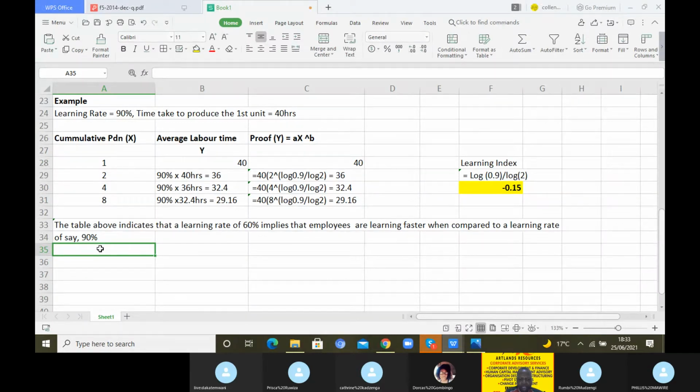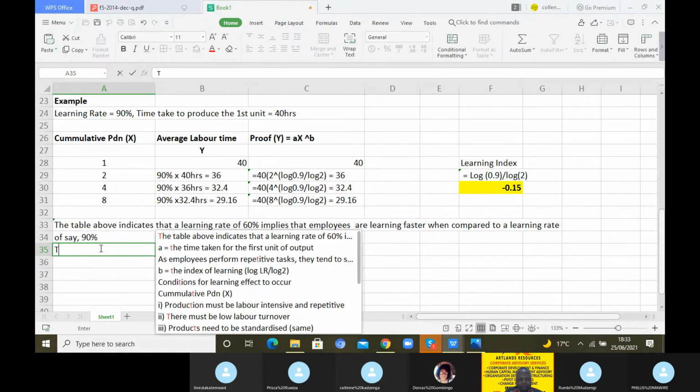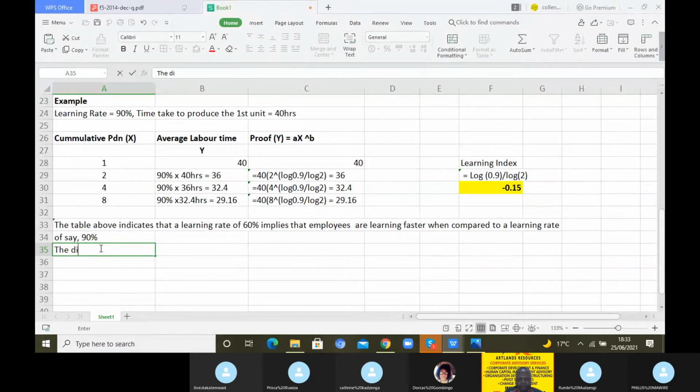The diagram indicates that the learning effect applies until A units are produced.